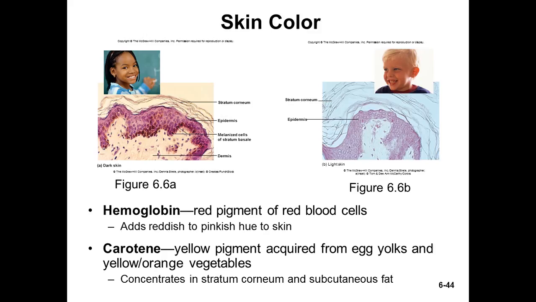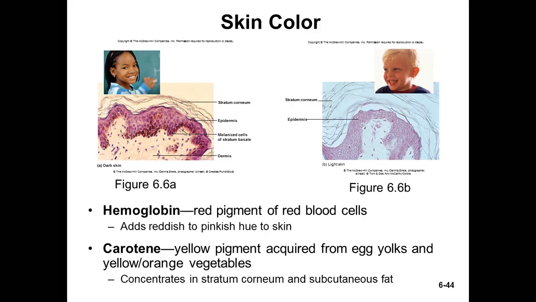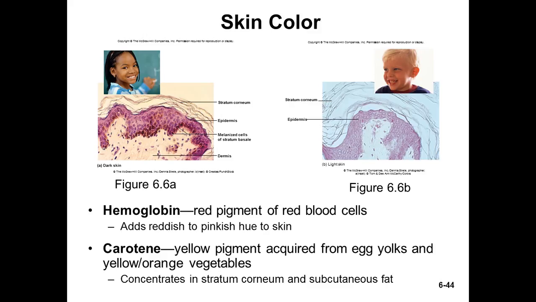Keratin, on the other hand: people that have yellow or gold undertones have a little bit more keratin. Keratin is found in some of the vegetables that we eat, yolks, yellow-orange vegetables such as carrots, bell peppers, and squash and things of that sort.